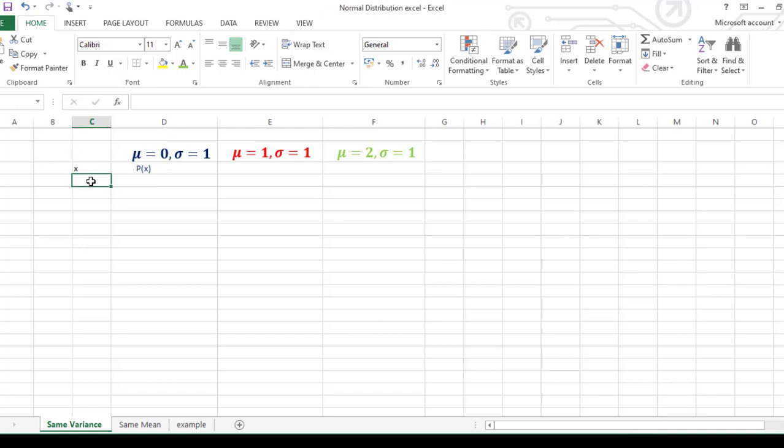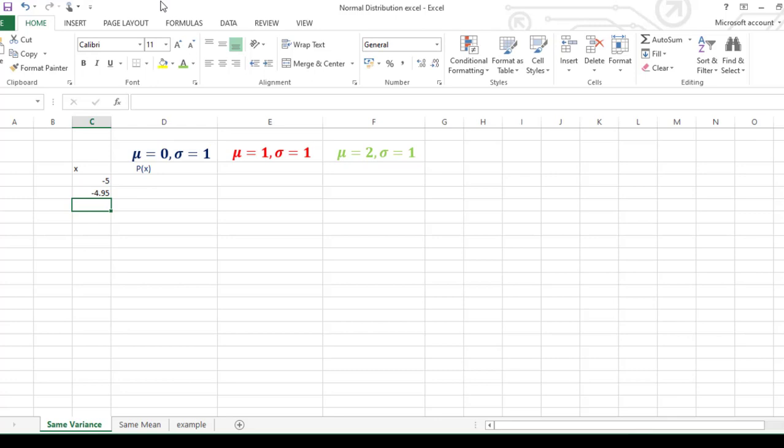So now first let us define the range of the random variable. I am defining the range from -5 to 5, so here I am writing -5. Then in order to make the normal distribution curve, I am taking the increment in x by 0.05, so this would be the upper value plus 0.05.